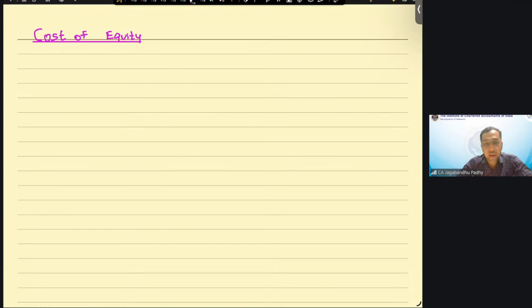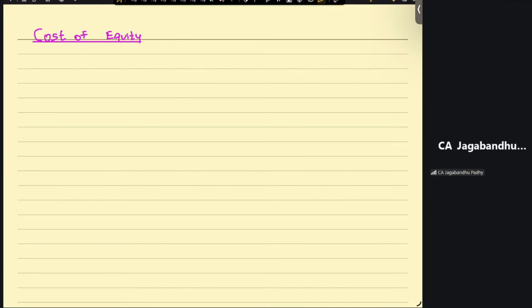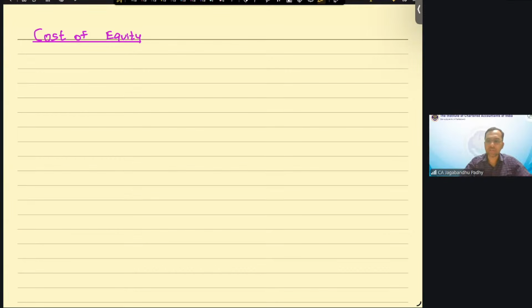It is definitely going to be higher, guys, because equity shareholders are the ones who are taking the residual interest. It means they receive their dividends only after payment of interest and preference dividend. And at the time of liquidation, they get their money back only after all other payments have been made.